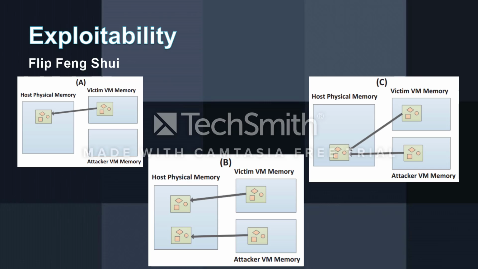Now we carefully craft a 3-stage process to make use of that knowledge. As an attacker, we must first obtain a page that is identical to a page from the victim's memory. Then we wait patiently for the memory deduplication engine to find this duplicate page.